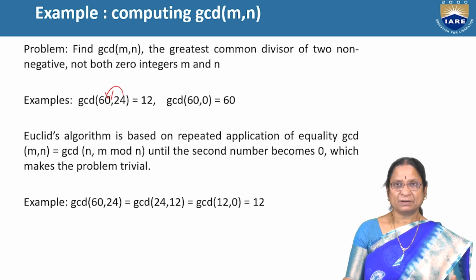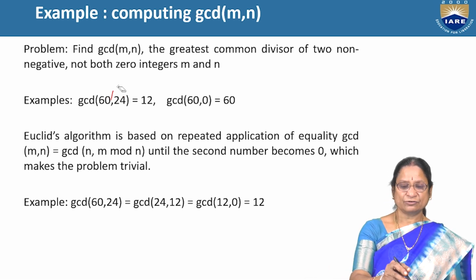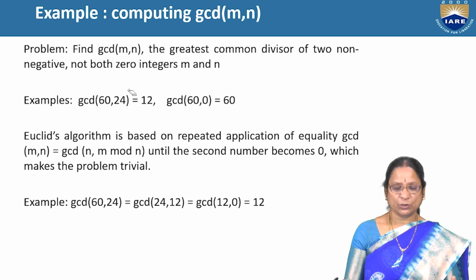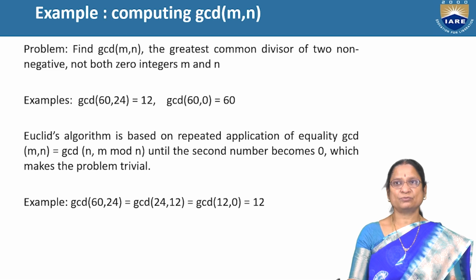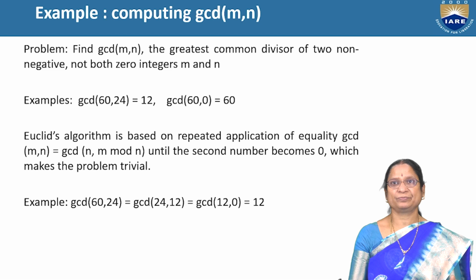Euclid's algorithm is based upon the repeated application of the equality GCD of m, n is equal to GCD of n, m mod n, that is the remainder, until the second number becomes 0.